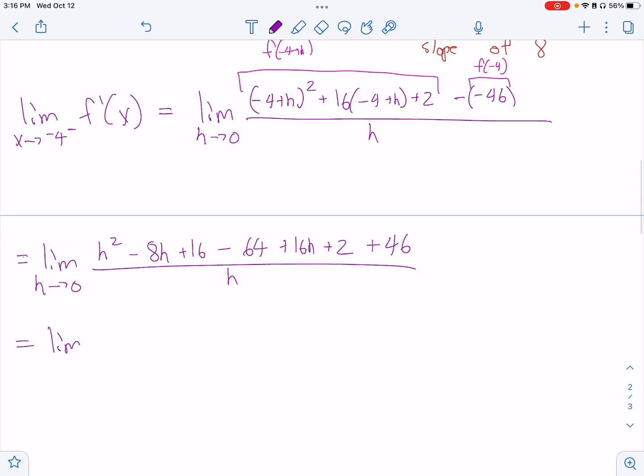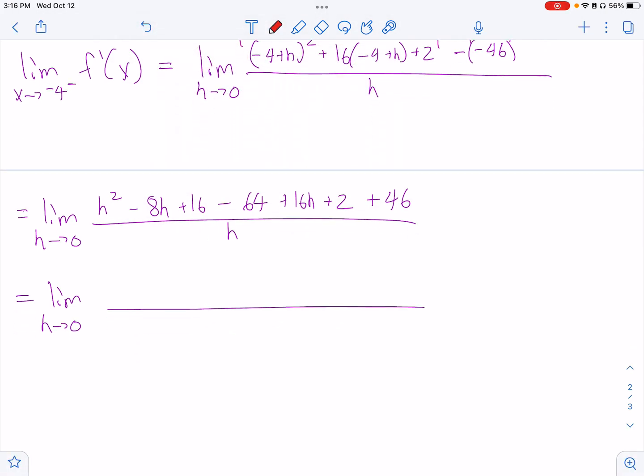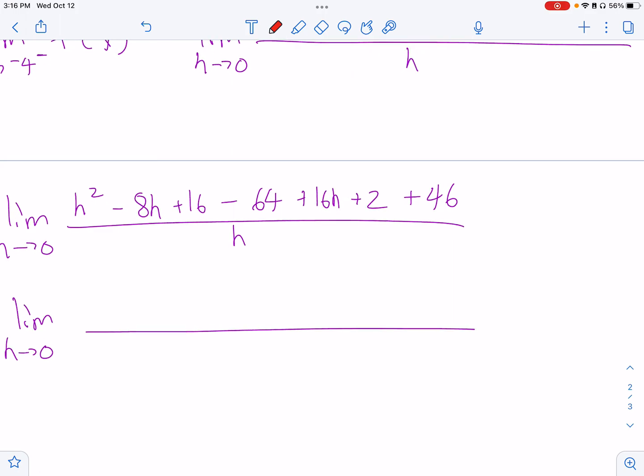Equals the limit as h goes to 0, and I'm trying to demonstrate good notation here by writing the limit every time. Now I need to combine like terms. And remember, anytime you're working out one of these limit definitions, everything on the top that doesn't have an h needs to go to 0. So whenever I do these, I look for the things that don't have an h.